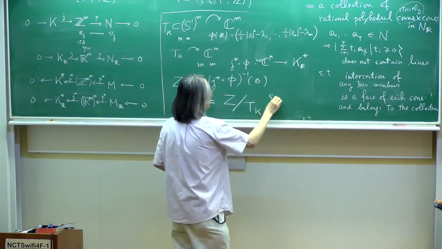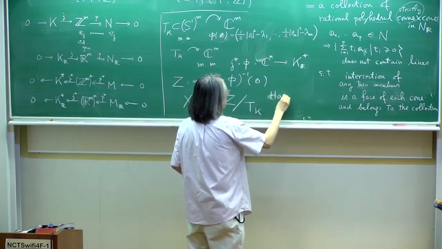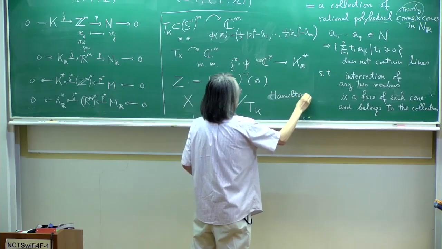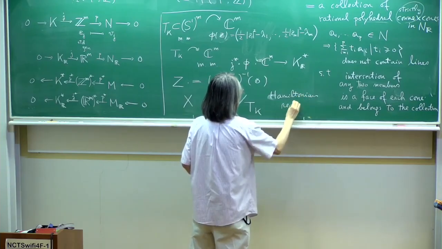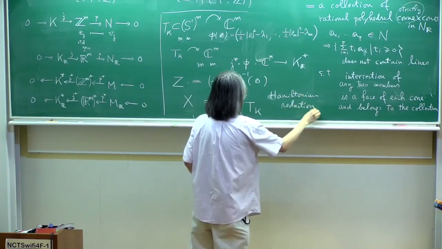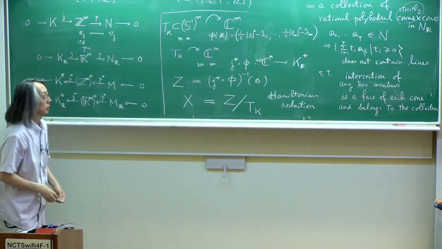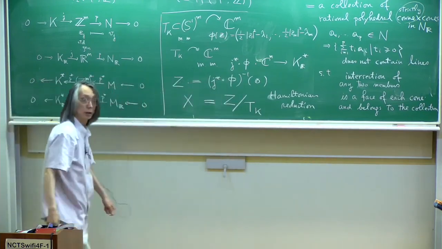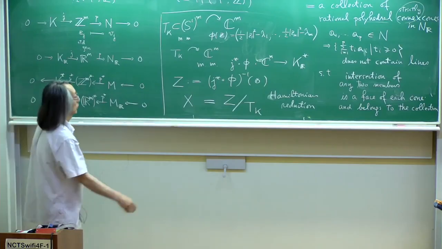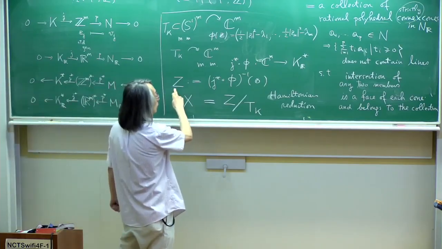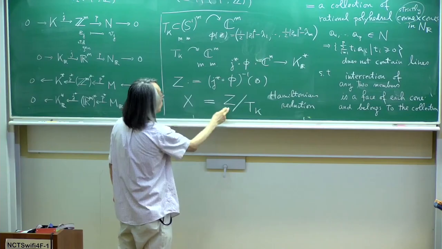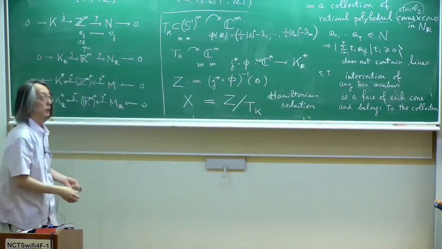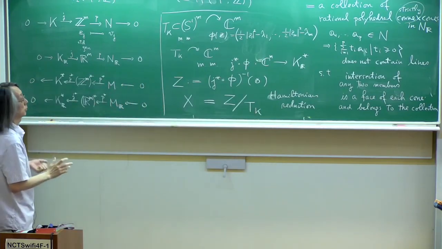This is the symplectic Hamiltonian reduction. So actually, you can get some space by this. You have to check that this one is a submanifold, and also this one acts freely or something. But under certain assumptions, you can just do this.